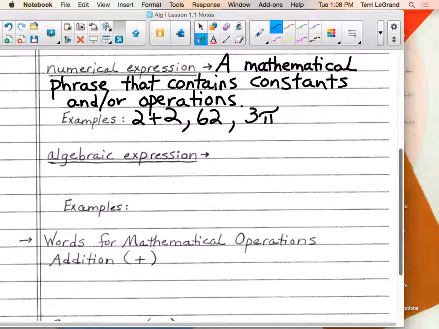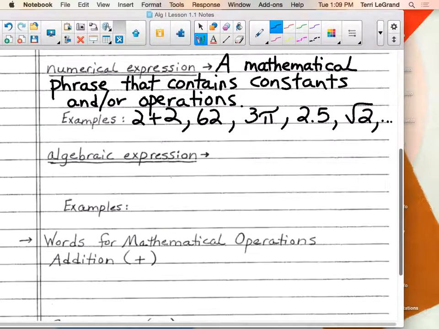There's no variable involved, right? How about 2.5, 2 and 5/10, is that a numerical expression? Square roots, like the square root of 2. That's a numerical expression. There's so many of them we can't even begin to name them all.